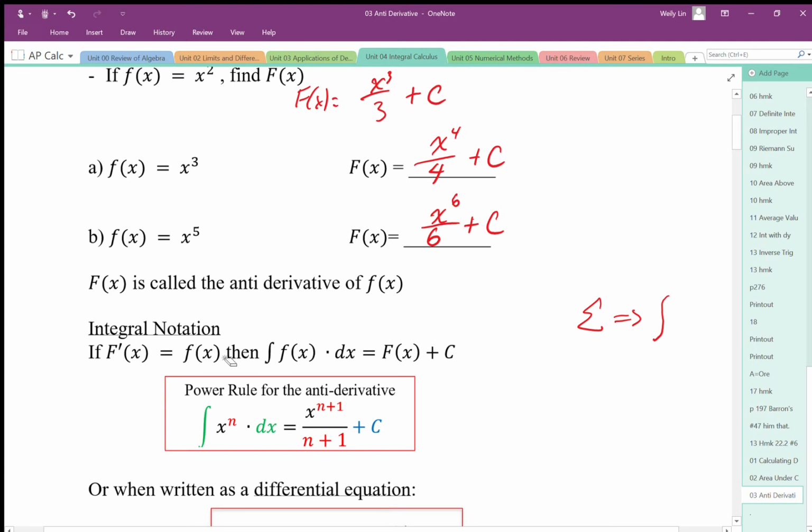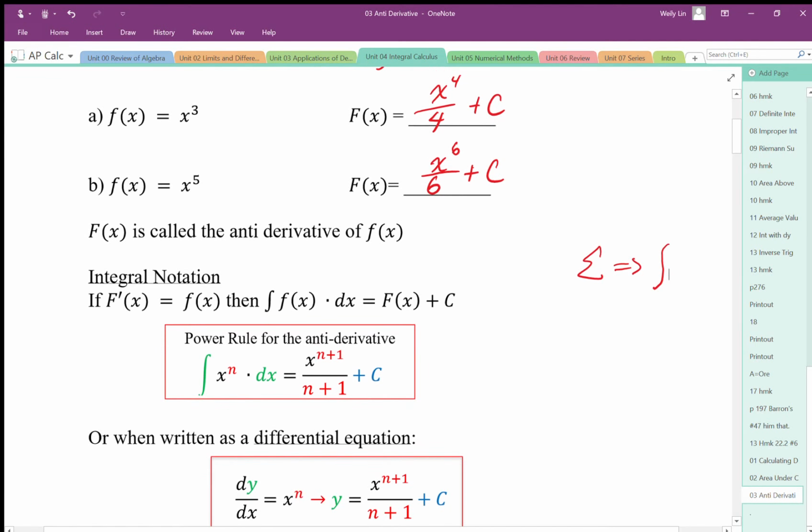So if we want to take the antiderivative, we would just look at it as big F plus c. That big F is going to have a power rule to it. So if we have the antiderivative of x to the power n, we're going to increase the power by 1 and then divide by that to account for the coefficient when we differentiate, and we need to always have that plus c.